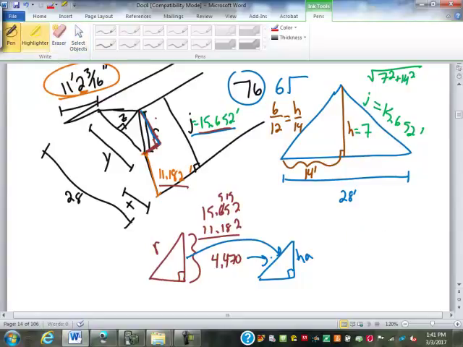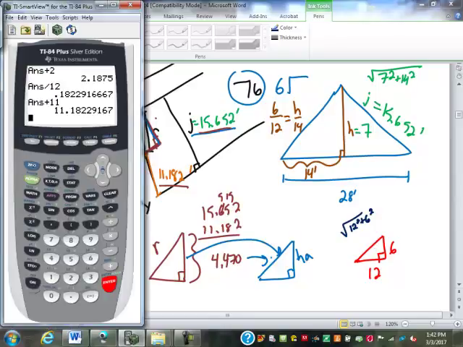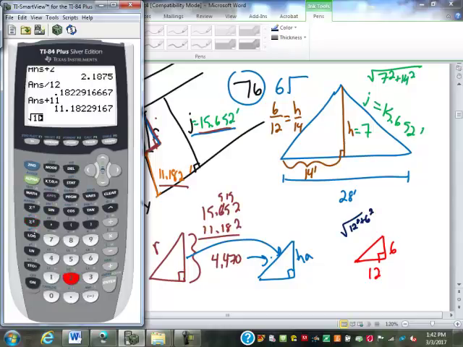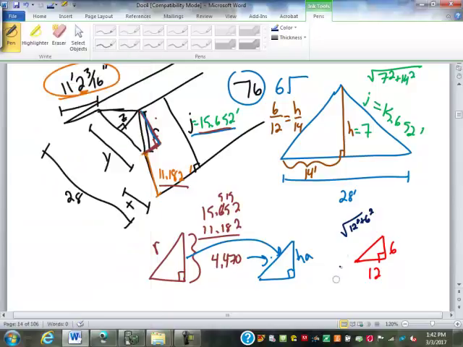My slope is 6/12, right? I'm going to draw my slope like this, where this is 6 and this is 12. Rise of 6, run of 12. The hypotenuse of that triangle is going to be square root of 12 squared plus 6 squared, right? 13.416, you're correct. Now I'm going to compare that to this triangle.